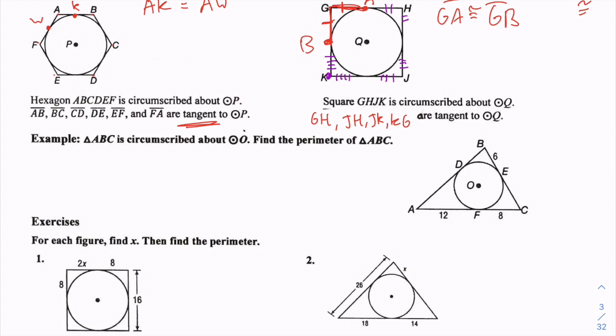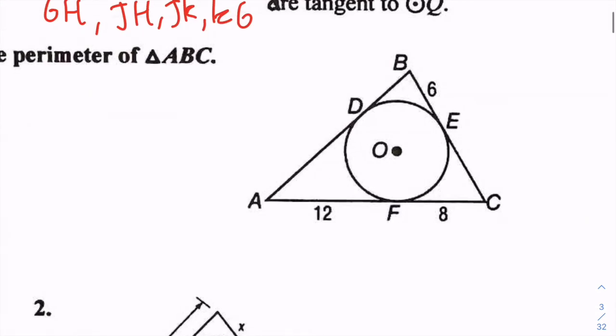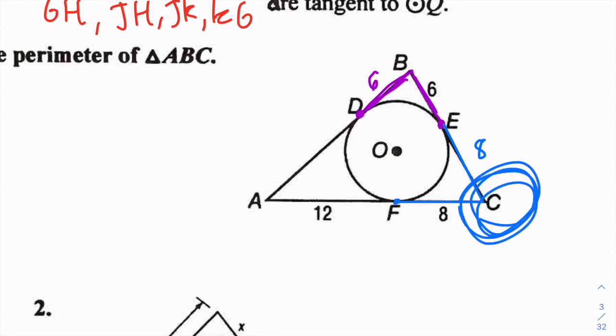Triangle ABC is circumscribed about circle O. Find the perimeter. Let's zoom in on this example. Look at BE right here. If BE is 6, then we know for sure DB has to be 6. And over here, if FC is 8, then EC has to be 8, because they're coming from the same exterior point.